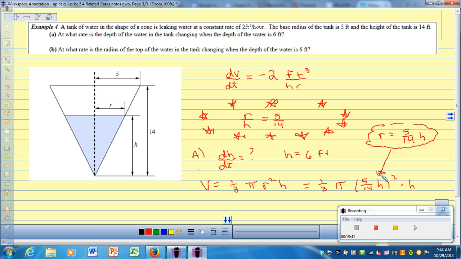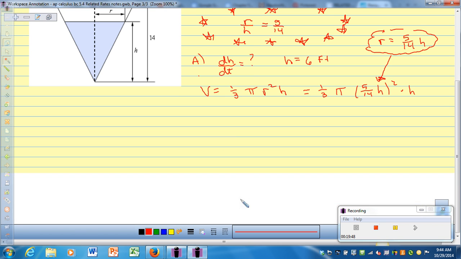Everybody okay with that? Yep. Now let's simplify it and then take the derivative. So we get V equals, I see 25 over 196, so I have pi over 3 times 25 over 196 h cubed. Do you agree? Okay. Take the derivative.